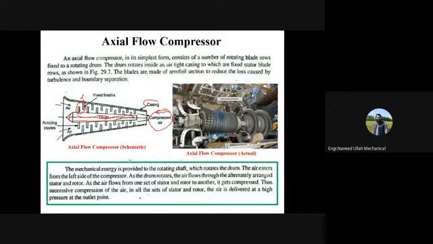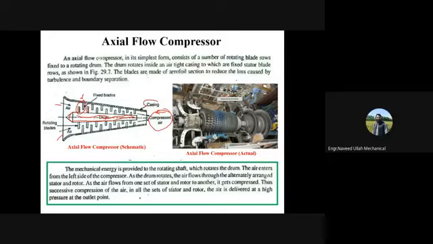Based on the length and the inlet and outlet area, the air will be compressed and the pressure will increase for subsonic flow, right? But it is not controlled. Now, if you want to compress it more, you need kinetic energy that is converted to pressure energy, so you have to do staging.